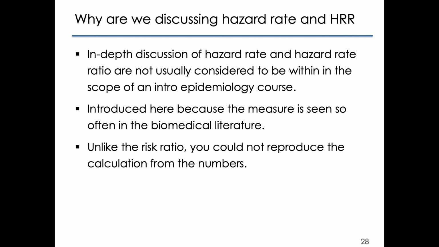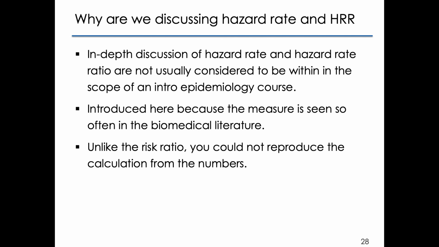And I want to just point out, if you don't remember anything else about the hazard rate ratio, that unlike the risk ratio, you could not reproduce the calculation from the numbers. So I showed that one example of a randomized trial, and they showed what they called a relative risk, and they showed the counts of the number of participants with and without the outcome. And I plugged those into Stata, and I reproduced their risk ratio exactly.